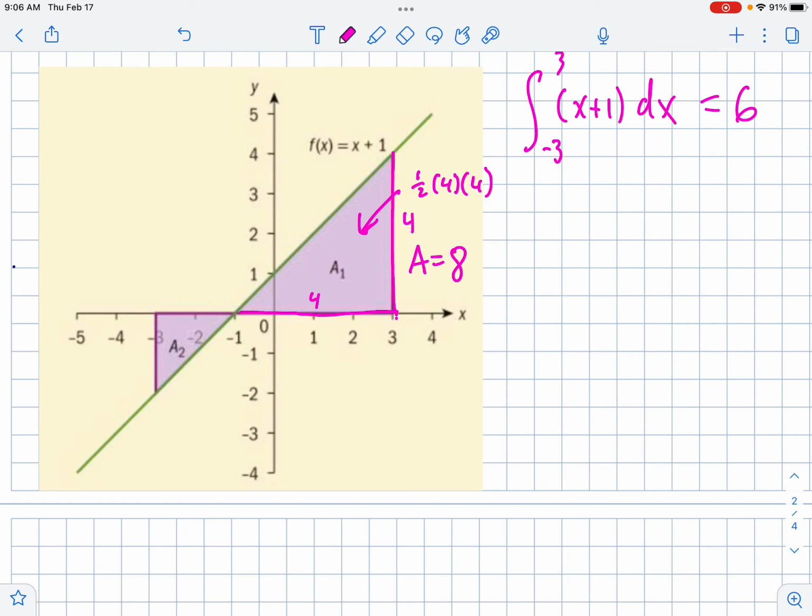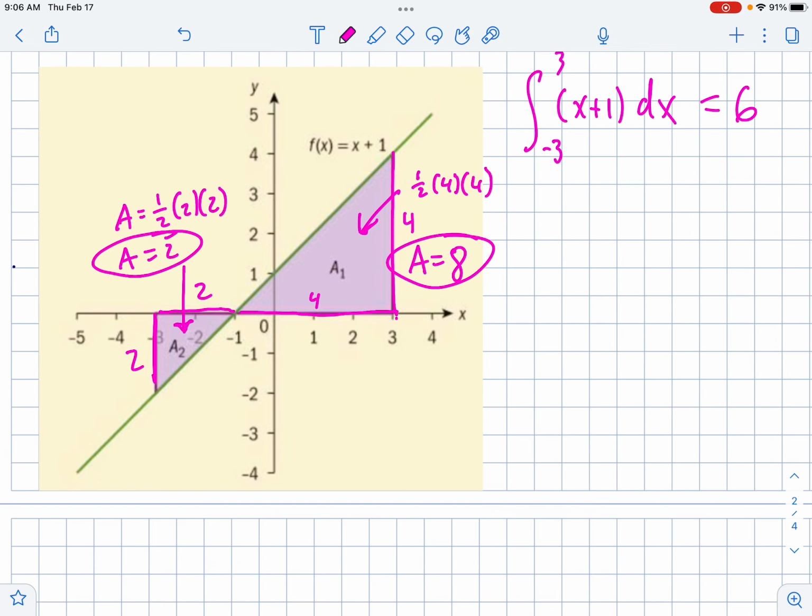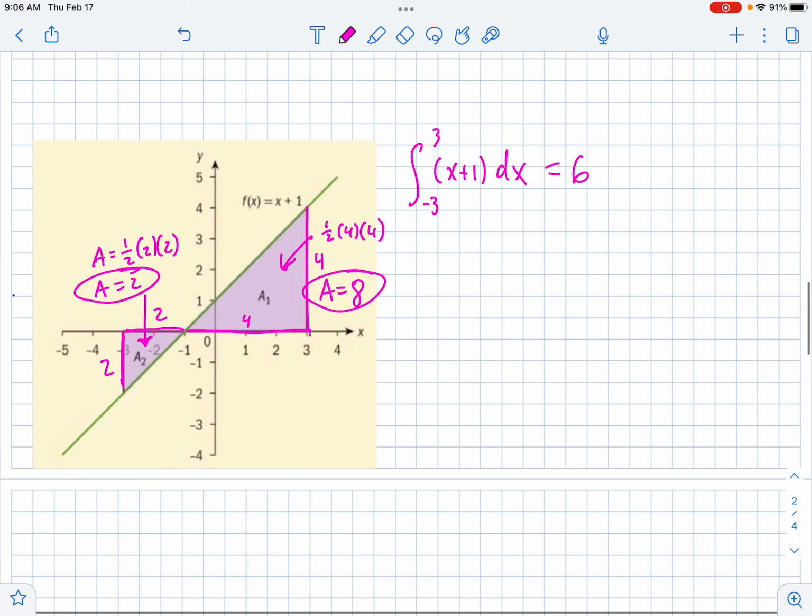So the area of this top part is 8. For this one, the height is 2 and the base is also 2. So the area would be 1/2 times 2 times 2, which is 2. So the area of this triangle is 2 and the area of this one is 8. 8 plus 2 is 10, not 6.